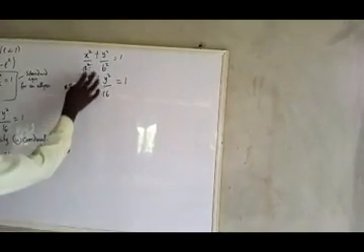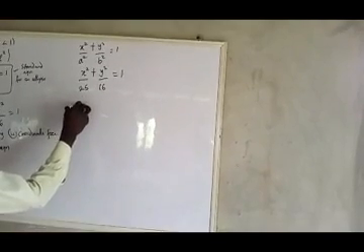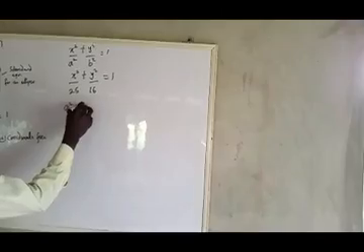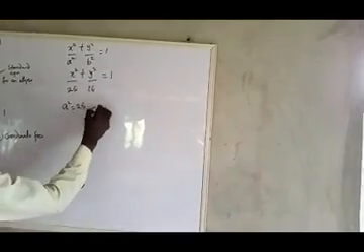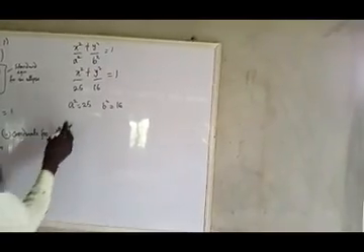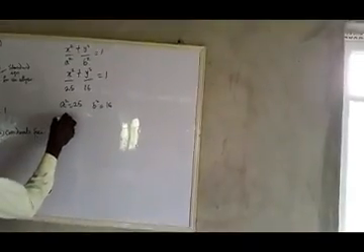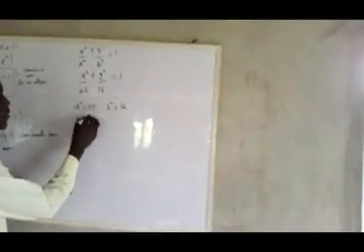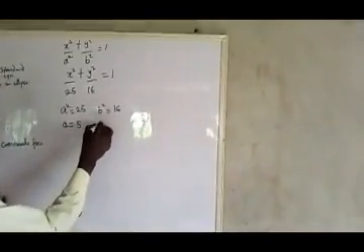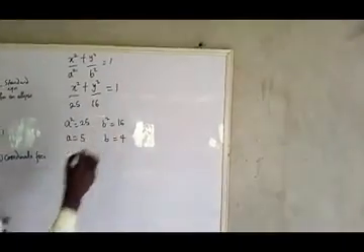That means from here my A squared is equal to 25, and my B squared is equal to 16. So my A will be the square root of 25, which is 5, and my B will be the square root of 16, which is 4.